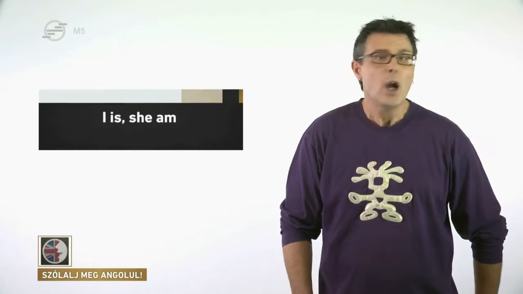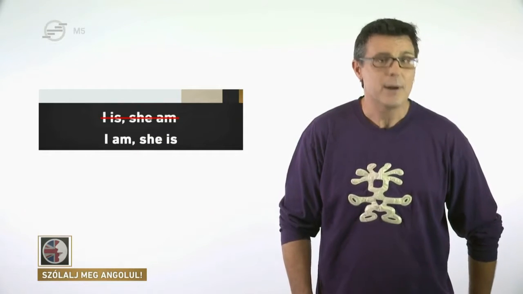And as we all remember, we have to be careful with the first person singular form and the third person singular form. All the other forms are the same, are, but the first person singular form is am and the third person singular form is. We can't say I is and we can't say she am.